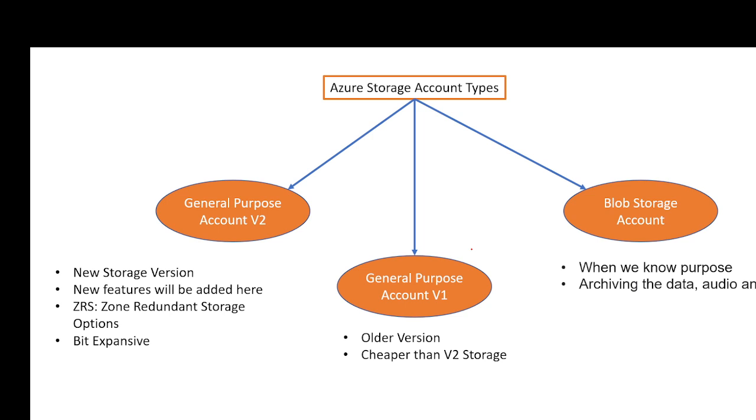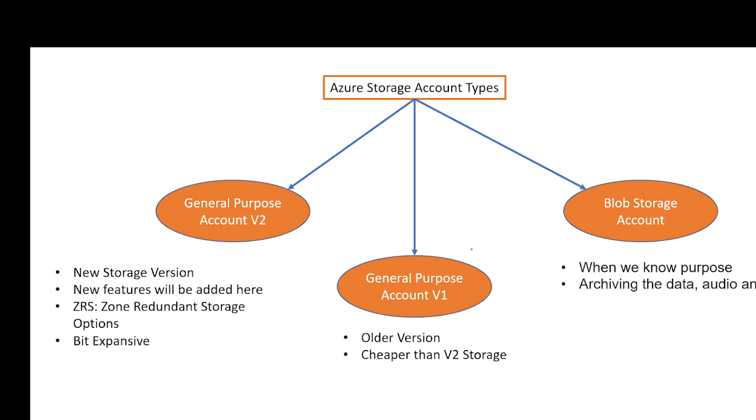Then you have another one called general purpose version 2. That is the newer storage version, which has recently come up. It has very good performance, and new features have also been added here. It will also enable zone redundant storage. When you store data in general purpose version 2, you can move the data from one zone to another.